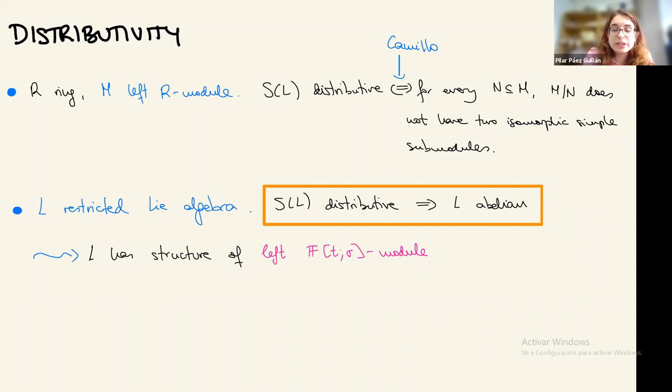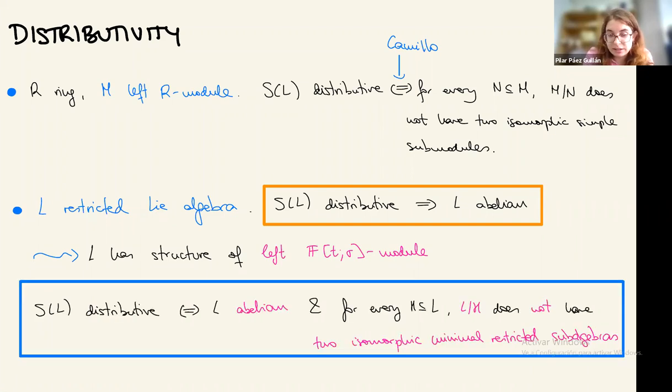So now with these ingredients, I can state my main theorem: the lattice of restricted subalgebras will be distributive if and only if L is abelian, and here I use Camillo: for every restricted subalgebra H, the quotient L by H does not have two isomorphic minimal restricted subalgebras. Minimal in the sense that they don't have any proper non-zero restricted subalgebra, okay? Minimal in the lattice.